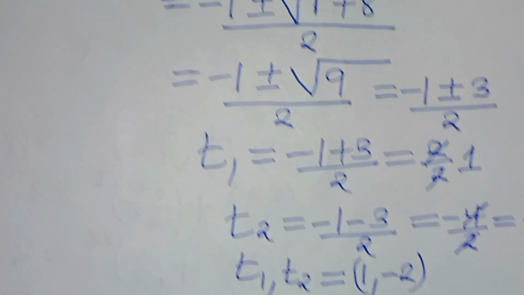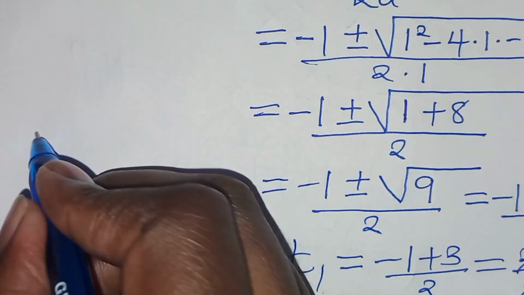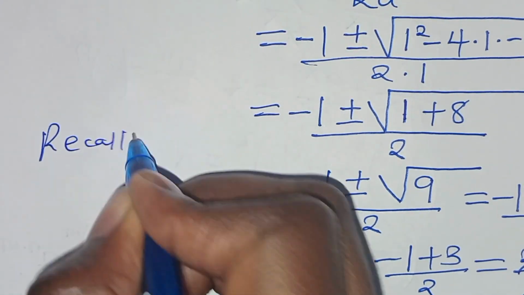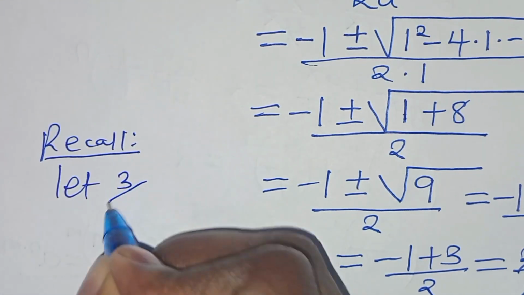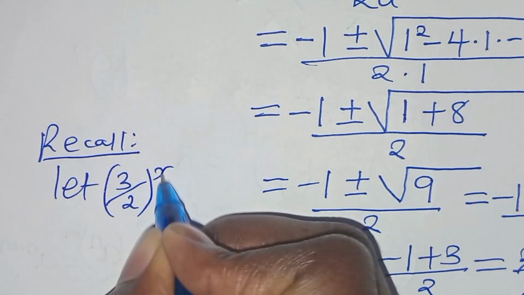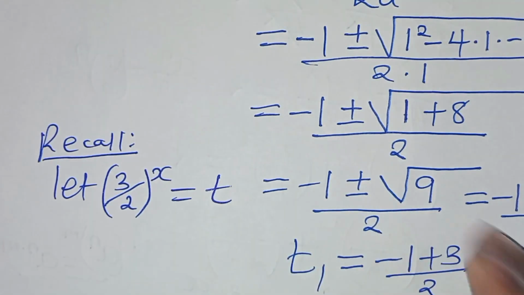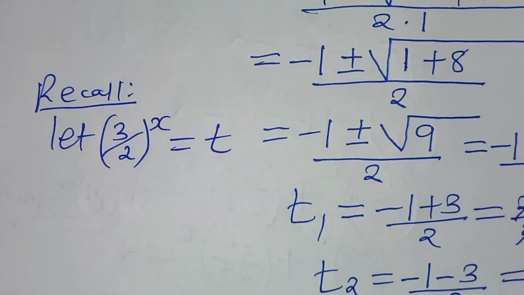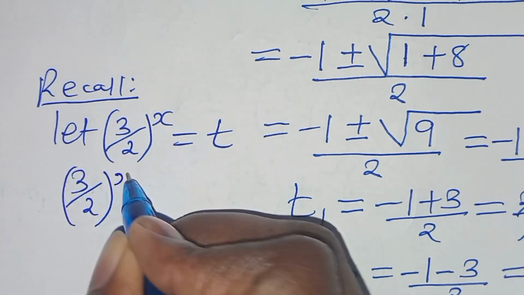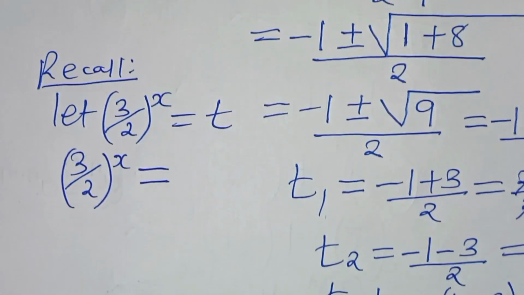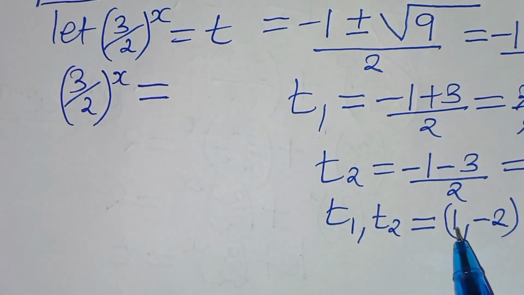So the next step from here, if you recall, we are saying that let 3 over 2 raised to power x be equal to t. So we have that 3 over 2 raised to power x is equal to t1 and t2.